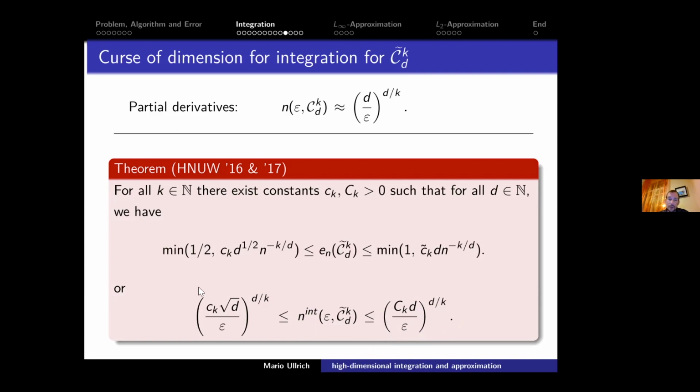As a lower bound, we only have the same with the square root of d here. And it's still an open problem, maybe not the most interesting one, but it's still an open problem, because we think we would learn a lot about general domains once we can solve that better.